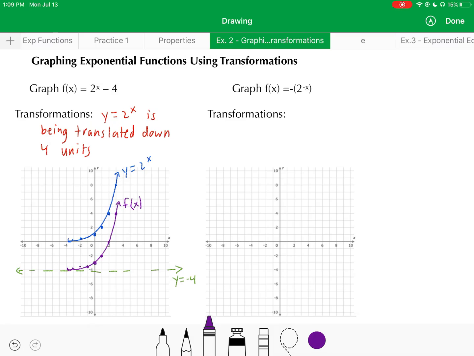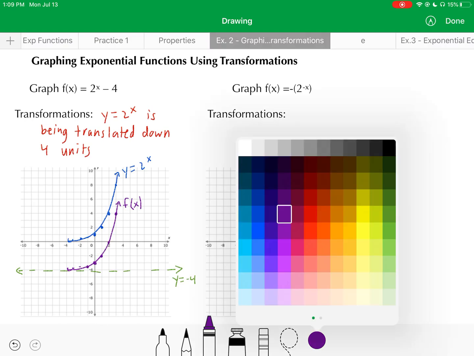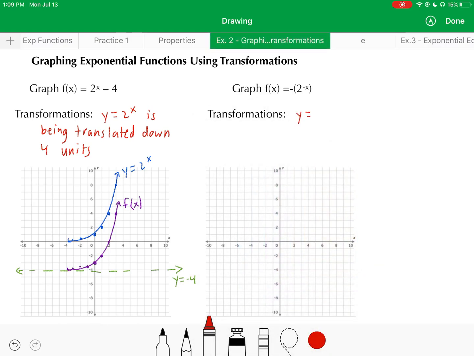All right, second function there, f of x equals the negative of 2 to the power of negative x, has two transformations taking place, reflections across both the x and the y axis. So let's state that. Same parent function of y equals 2 to the power of x.